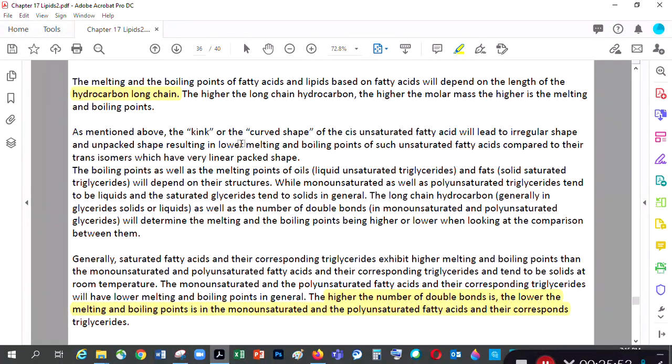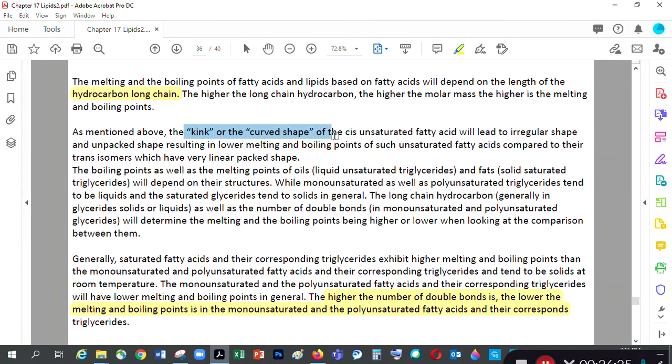Now we have the monounsaturated fatty acids with one double bond. We have the chance to have cis and trans, and we said the trans is more stable because it can stack in layers above each other since it is a flat chain. While the cis shape has a kink or curved shape, as you can see.